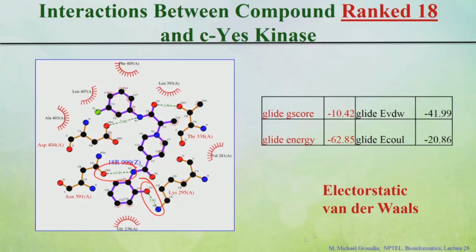These interactions are mainly electrostatic and van der Waals. The Glide score is minus 10 and the Glide energy is minus 62. We check the contribution: van der Waals is minus 41 and the Coulombic energy is minus 21. If we add these two, we get 62.